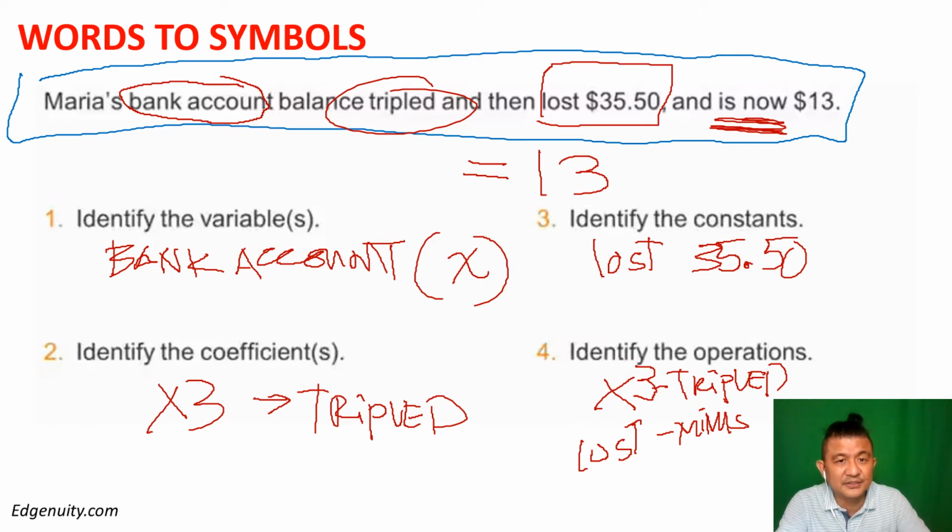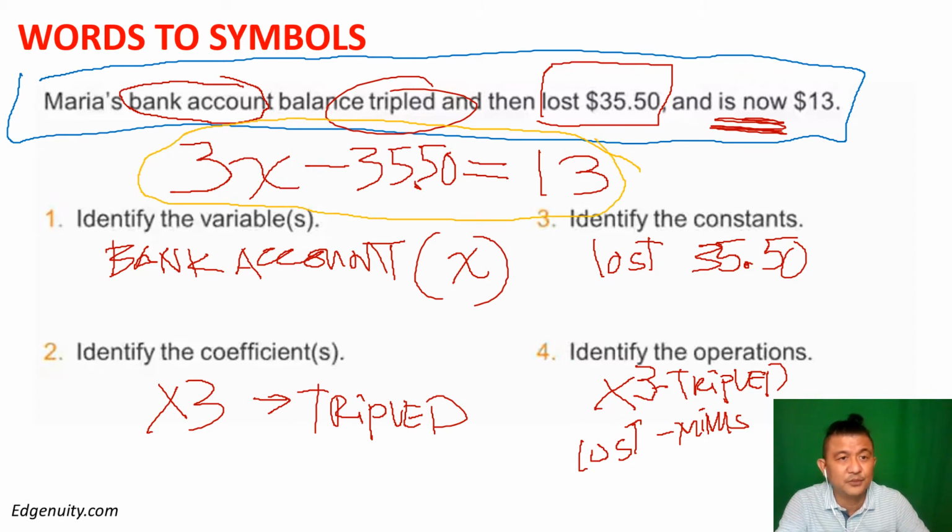Maria's bank account is the X. Tripled means times 3. I put times 3. See that? And then lost means minus 35.50 and is now $13. So this is our equation. From words, we were able to write it as symbols.